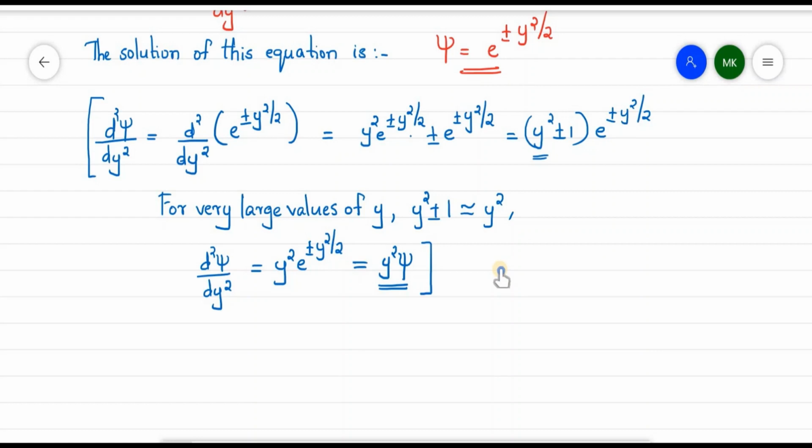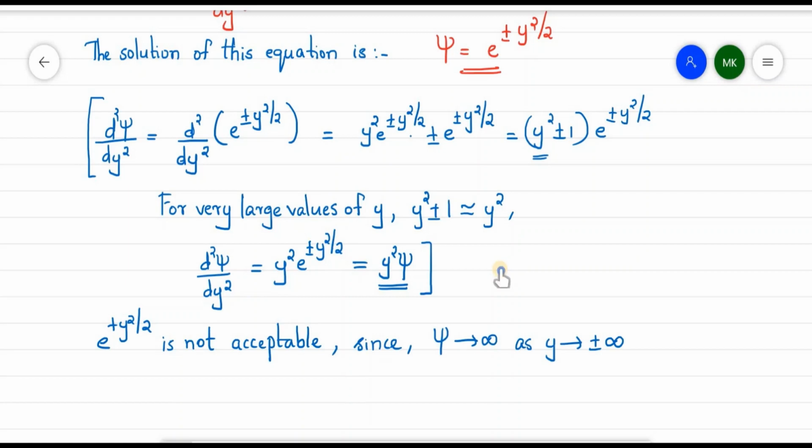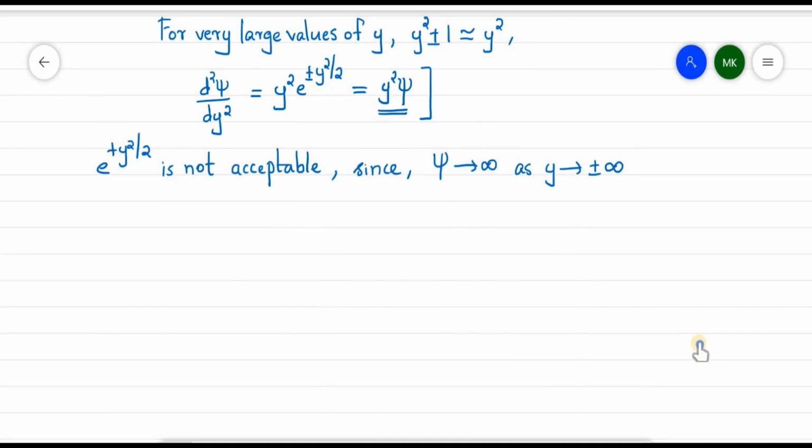Now out of the two solutions, e raised to plus y square by 2 is not acceptable, because in that case xi will rapidly increase tending to infinity as y tends to plus or minus infinity. Therefore, the solution e raised to minus y square by 2, which satisfies the boundary condition, is the one valid for large values of y.